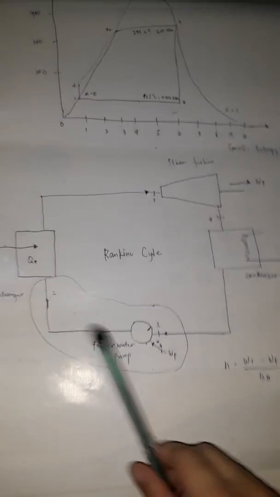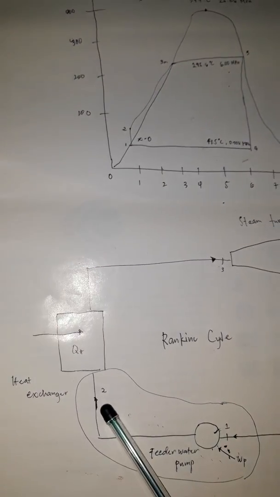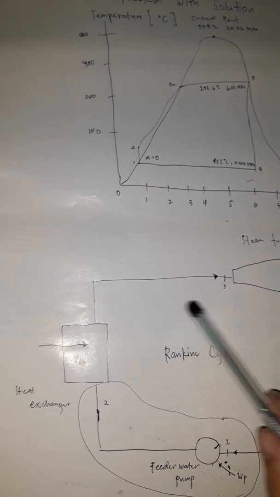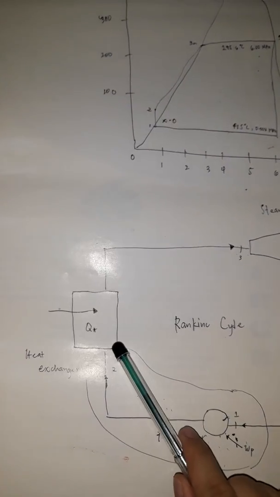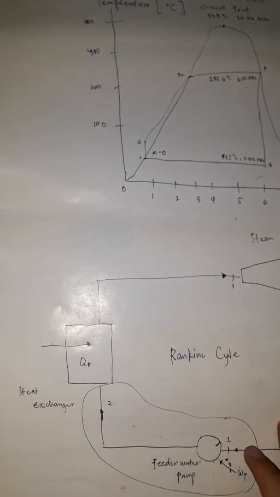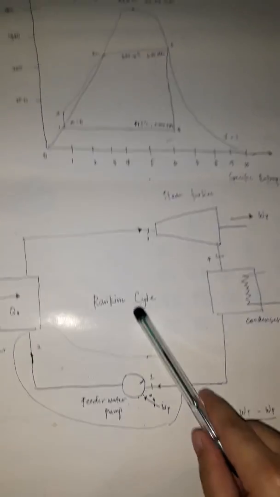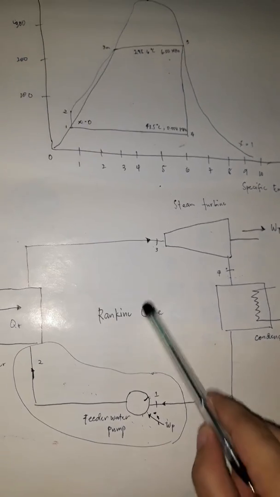Fourth, the difference of the two states, 2 to 3, which corresponds to the net heat added to the steam generator. And fifth, the thermodynamic efficiency of this cycle, and compare this value with the Carnot efficiency.